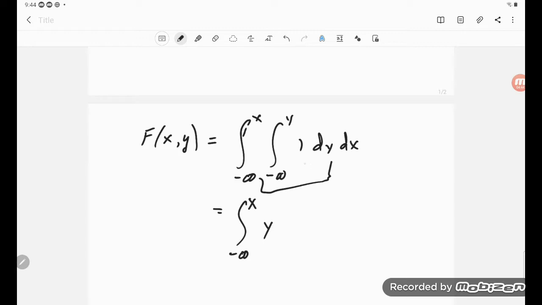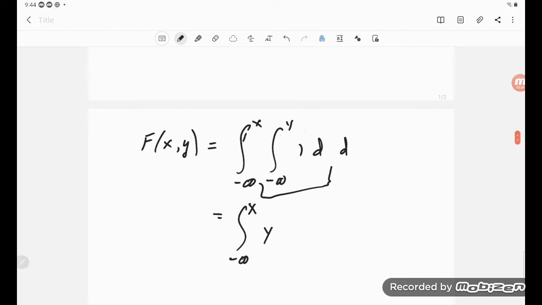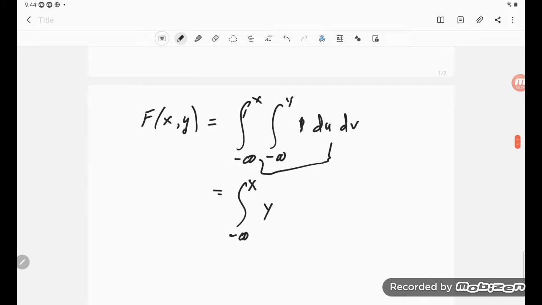Well, let's see, actually I should, instead of using a y and an x, I need a dummy variable here, so maybe u and v. So when I integrate this, I'll get this as y.